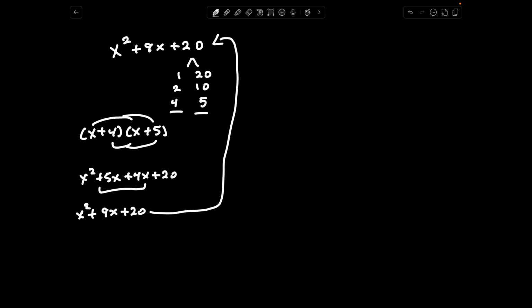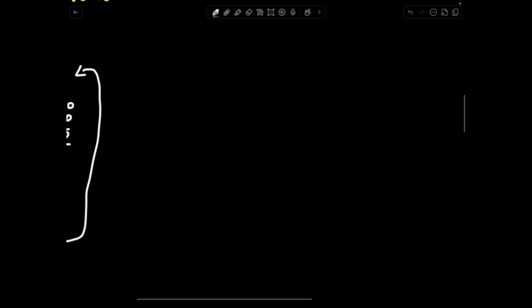All right, that was just a basic trinomial. We're going to go ahead and move on to something else. Let's say I give you 2x squared plus 10x. What do we do here? So right off the bat, I can see we can use our GCF. Looks like we can pull out 2x from both sides.